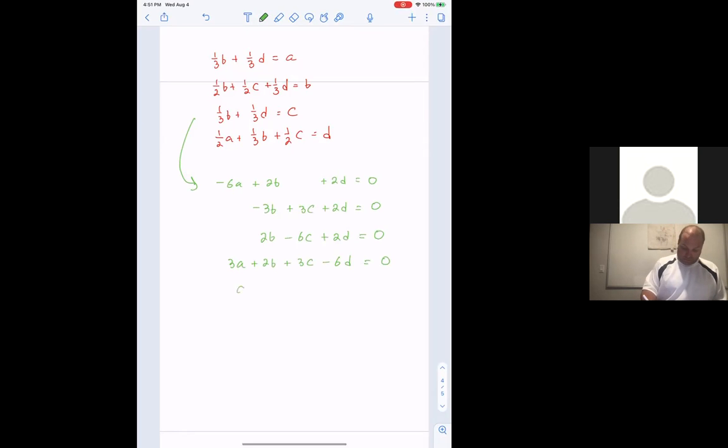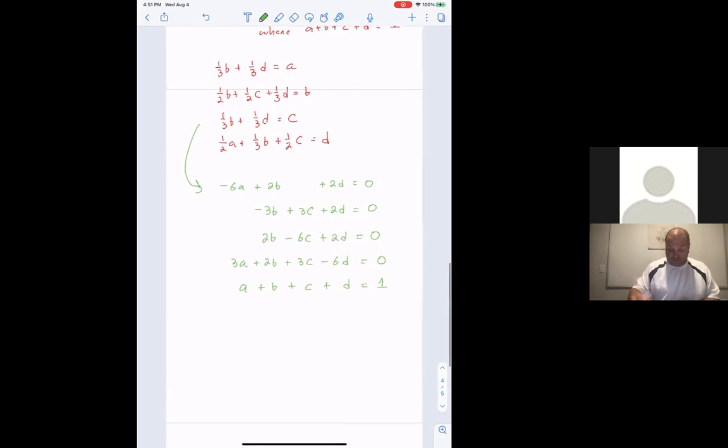And then don't forget, we have A plus B plus C plus D is equal to 1. Now this is 5 equations and 4 unknowns, but remember the way that these types of problems work, if you recall from chapter 9, one of these equations is redundant, not the last one, of course, but one of the first 4. So I'm going to remove this one, which seems the most complicated. And this gives me the remaining ones.